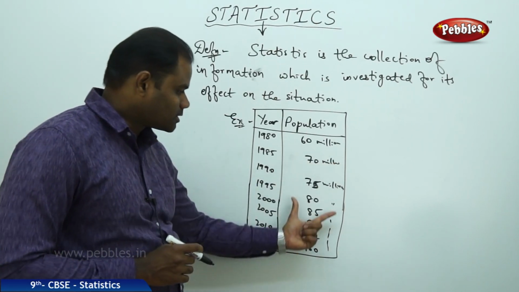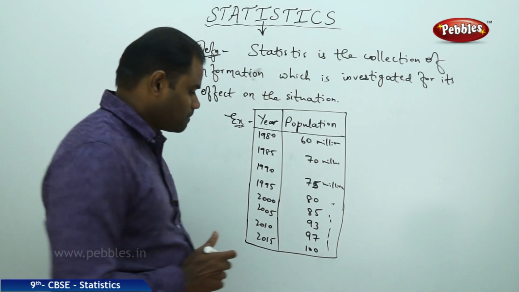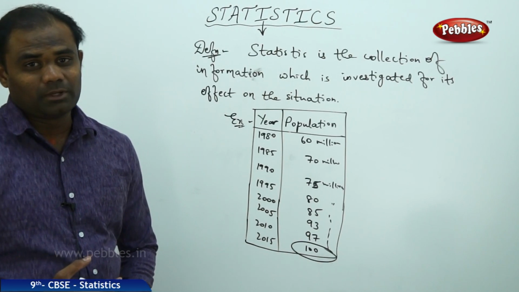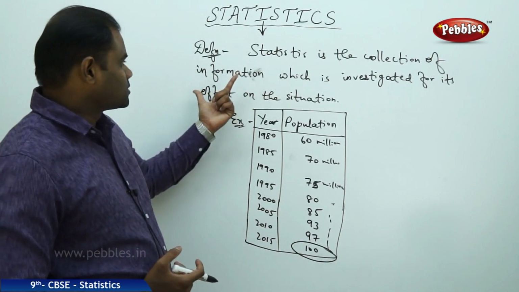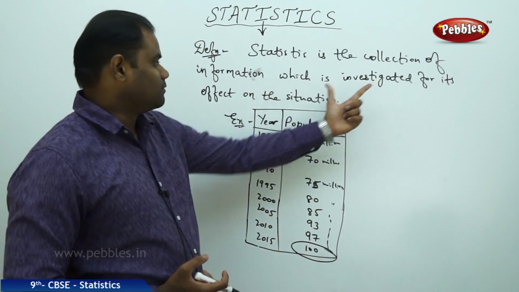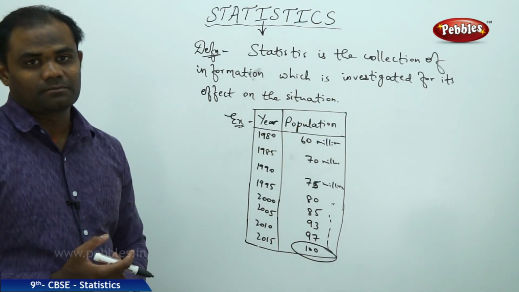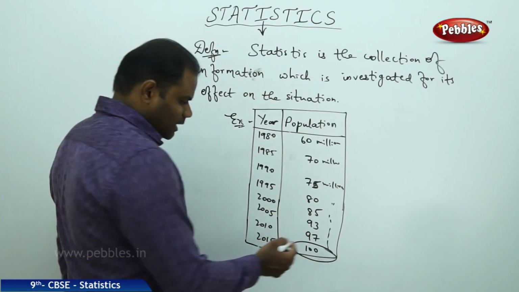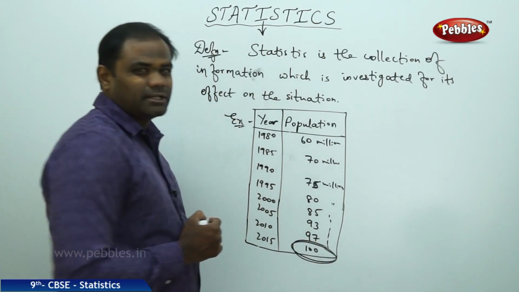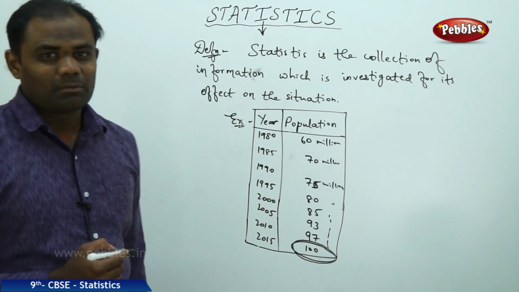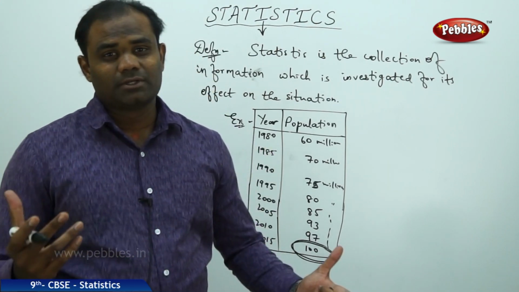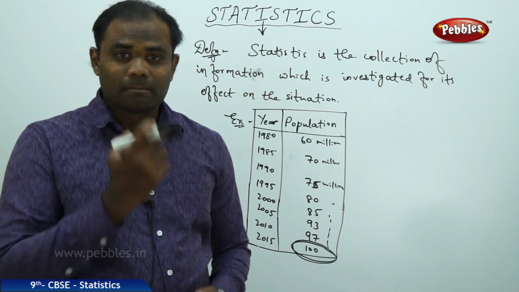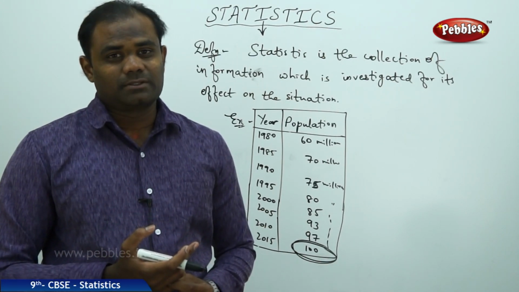Because the population is increasing every 5 years, as seen from this table, I take precautionary measures because 100 million seems to be a very big population. Therefore, statistics, which is the collection of information, is investigated for its effect on the situation. And then precautionary measures are taken. Clearly this table shows that this has serious effect on the situation, because if the population of the country increases very much, there will be scarcity problem, food problem, house problem, and many other problems which arise.